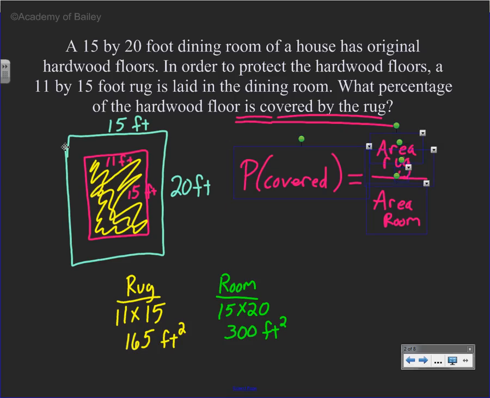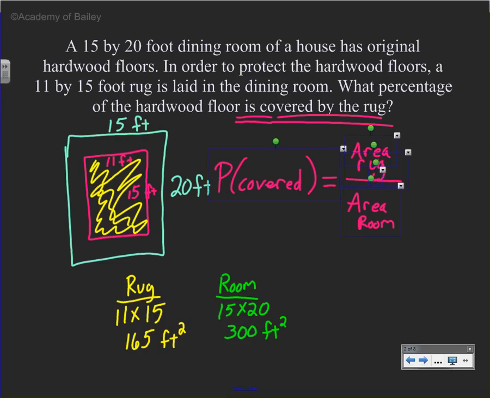And so now, area of the rug, 165 square feet. Area of the room, 300 square feet. The square feet will cancel each other out. So now we have 165 divided by 300.